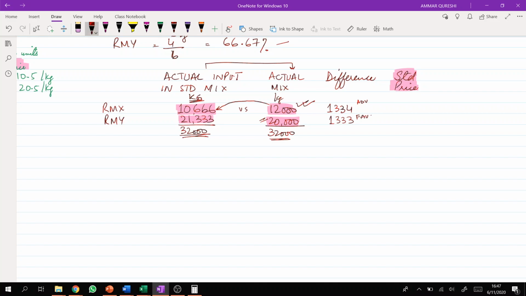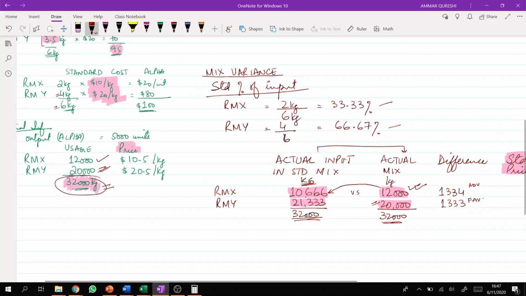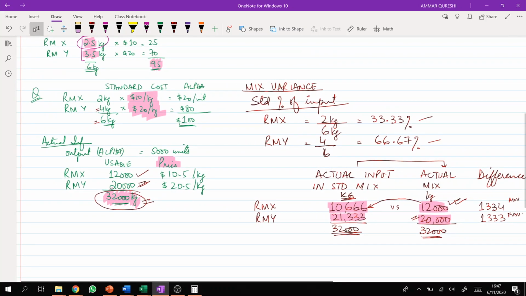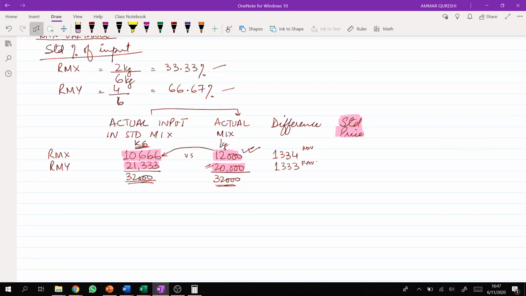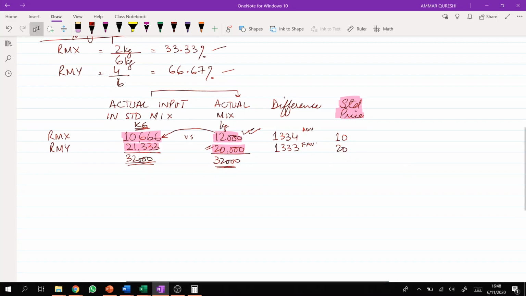Now, what is the standard price? The standard price of the first product is $10, and the standard price of the second product is $20. So just write $10 and $20. Remember, standard price. Don't write actual price.